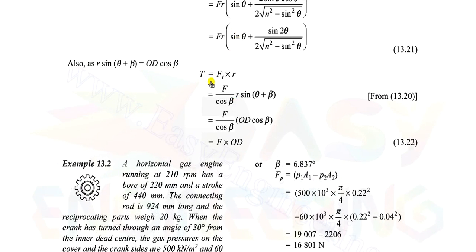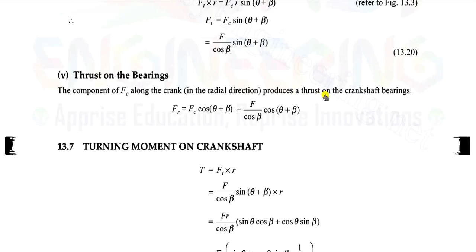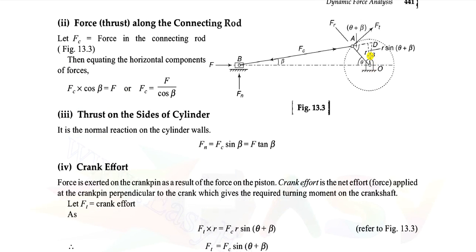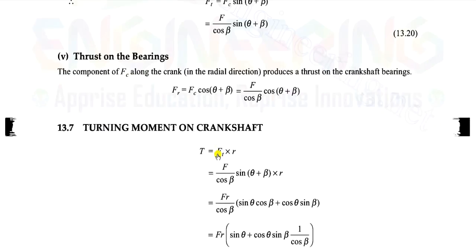So he is doing here, R sin theta plus beta is nothing but OD cos beta. Because this is beta, so this is OD, so this is the cos component for this angle, so OD cos beta.